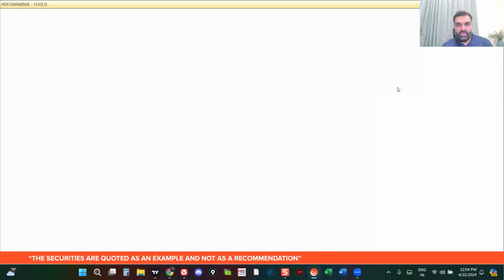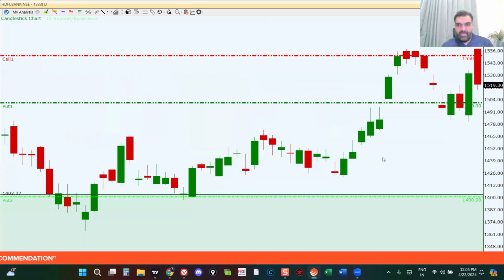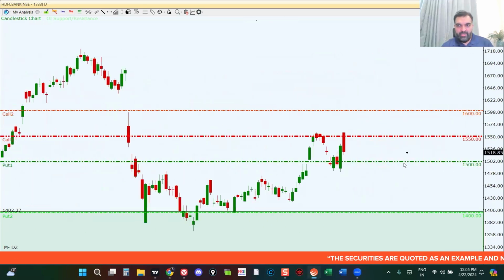If we look at the daily chart now, let's plot the HDFC Bank chart along with the open interest levels. So you can clearly see that 1550 is acting as a strong resistance point. And this was also the area where there was a 30-minute level of supply from where prices reacted.